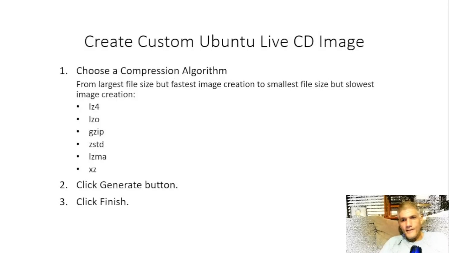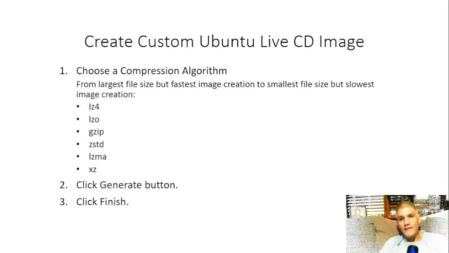Once you click next, you will be presented with the create a custom live CD, DVD, flash drive image screen. The first step on this screen is you're going to choose a compression algorithm. It's listed in order from the largest file size but fastest image creation time, and the very last compression algorithm has the smallest file size, but it takes longer to create that particular image.